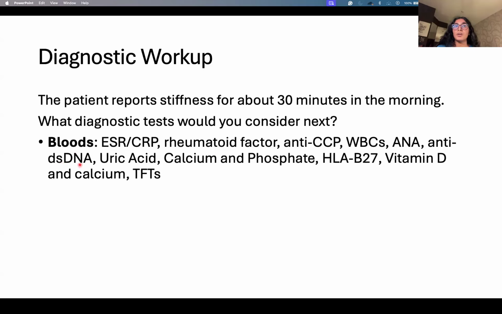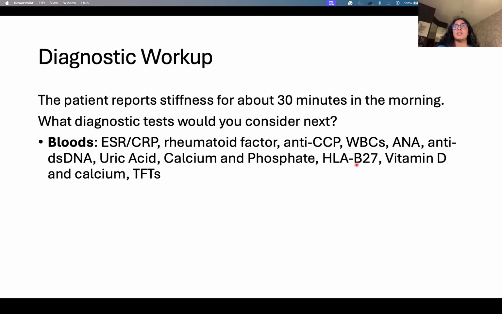ANA, are they positive for any sort of vasculitis? Anti-dsDNA, lupus. Uric acid: serum uric acid can also be high in gout, and that helps you distinguish between gout and pseudo-gout, for example. Calcium and phosphate might be abnormal for pseudo-gout, kidney disease, something like that.